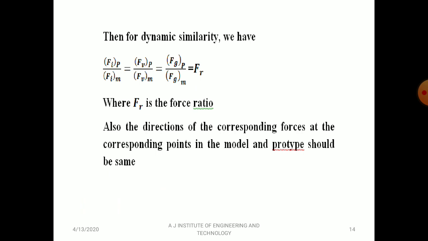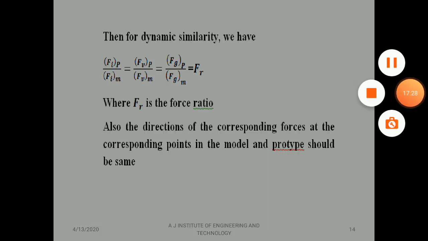FR is called the force ratio, because we are considering force here. Also the directions of corresponding forces at the corresponding points in the model and prototype should be the same, because force is a vector quantity.